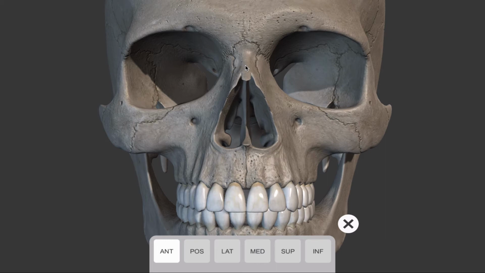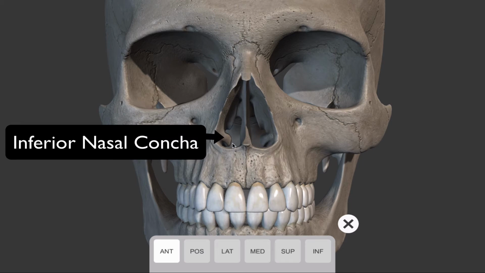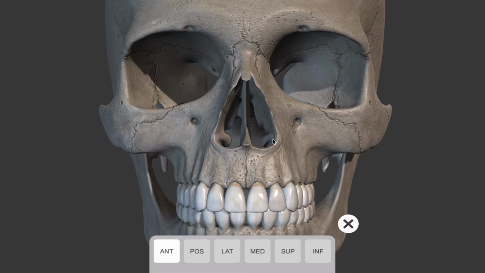Can't see the most superior one, but this one right here is generally visible, and it is called the inferior nasal concha. The inferior nasal concha.